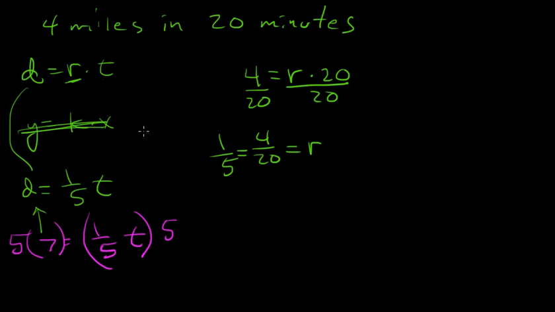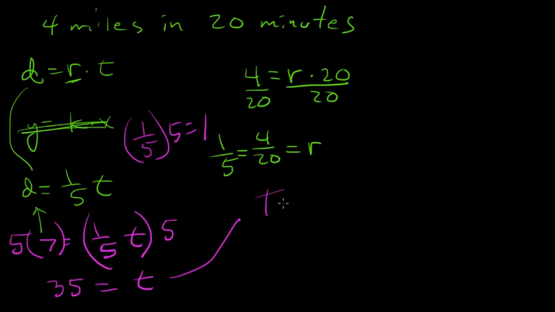Well, because 1/5 times 5 equals 1, and I want 1 times t over here. So 5 times 7 is 35. 1/5 of t times 5 is equal to t. So the time to travel 7 miles is 35 minutes. It takes him 35 minutes to travel 7 miles at the rate he has been going.